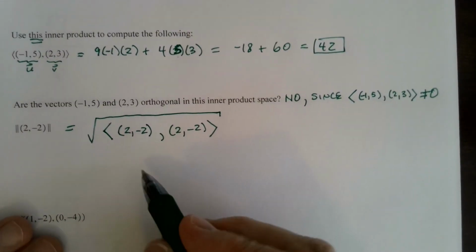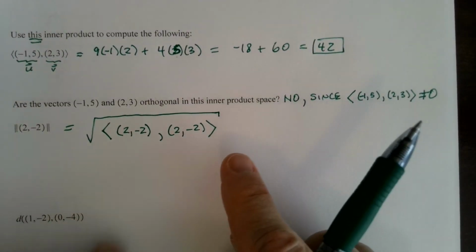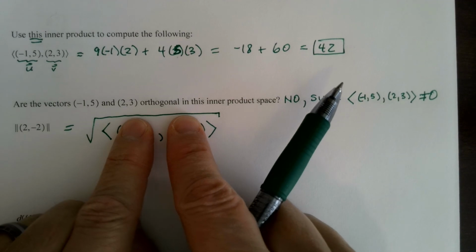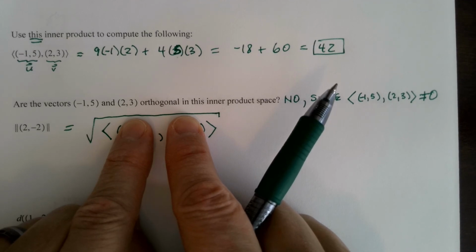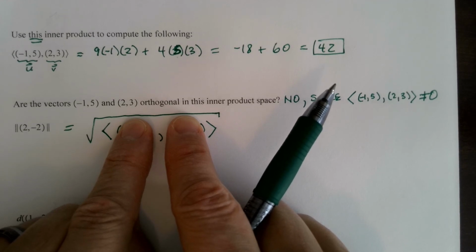So notice the inner product always has a comma separating the vectors. You'll have the less than sign, greater than sign on the right. You'll have a comma in between, and you'll have two vectors. Now the vectors, I'm covering them up with my fingers, but they could be anything. They can be ordered pairs like they are here. They could be ordered n-tuples.